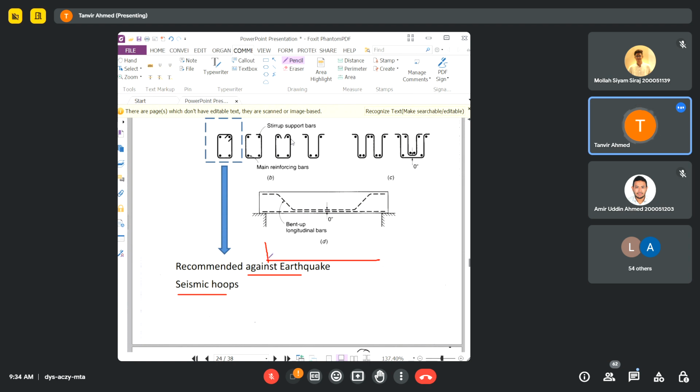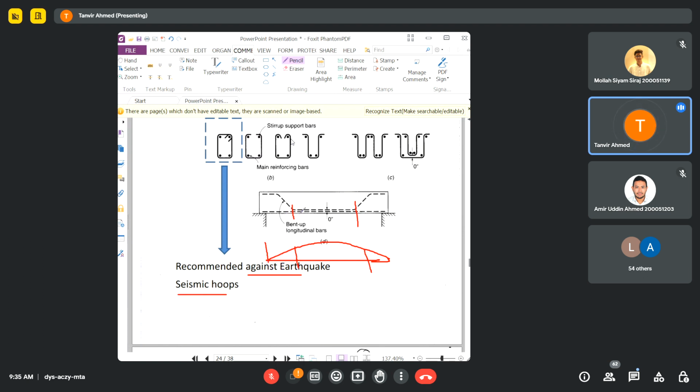Say for example, if it is a simply supported beam, the bending moment will be simply like this, right? Because the moment is maximum in this particular region and you don't have much moment here, you can reduce the amount of reinforcement in this region.